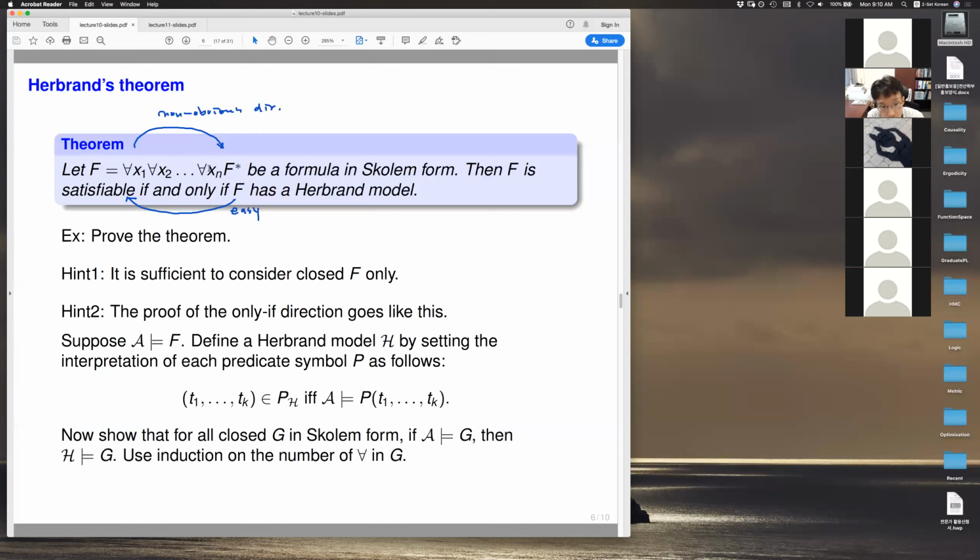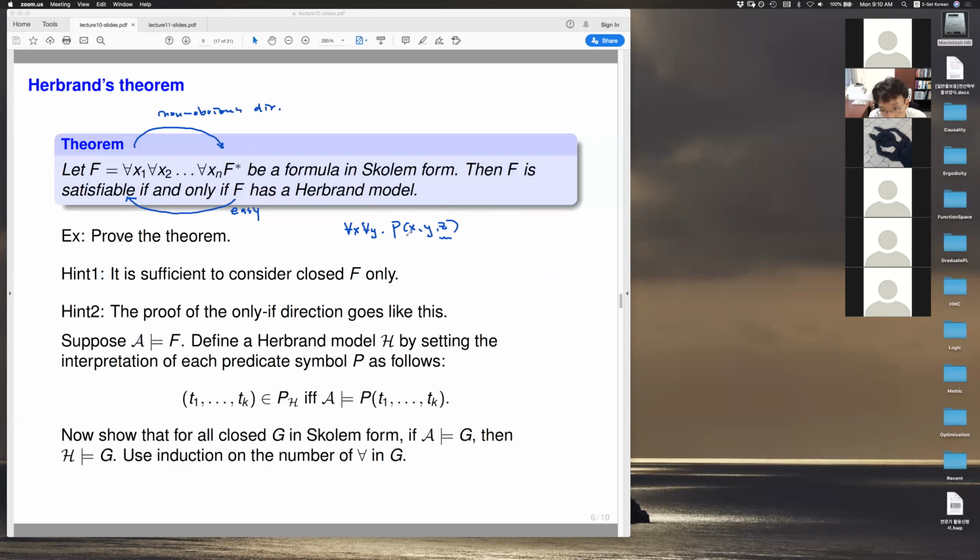But it turns out it's okay to consider only closed formulas. I'm not going to give a proof about this, but here's roughly the reason. Suppose you have a formula like for all x, for all y, p(x, y, z). This is a very simple formula, which doesn't say very much, but it contains the free variable z.